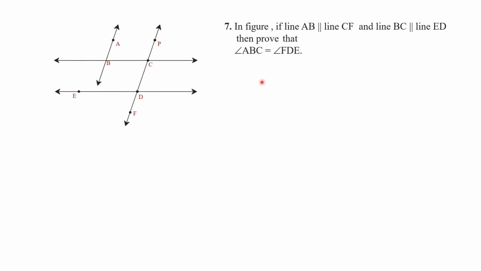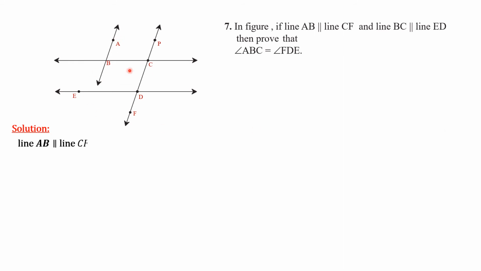Seventh example. In figure, if line AB parallel line CF, BC parallel ED, then prove that angle ABC is equal to angle FDE. This angle is equal to this angle. Solution. First, we take AB parallel CF and BC is a transversal. Write down.